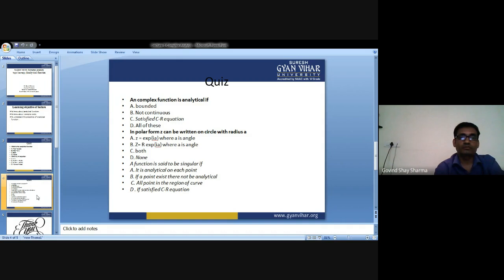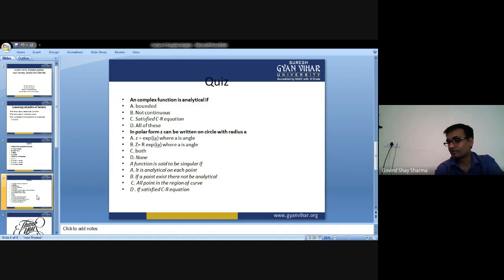In polar form, Z can be written on a circle with a radius. With radius r, Z is equal to r e to power iota theta. I told you that we can write Z equal to e to power iota theta, and in many books you see Z equal to e to power iota theta when the radius is unit, meaning 1.